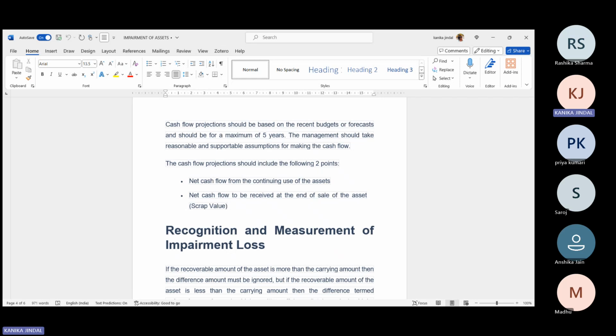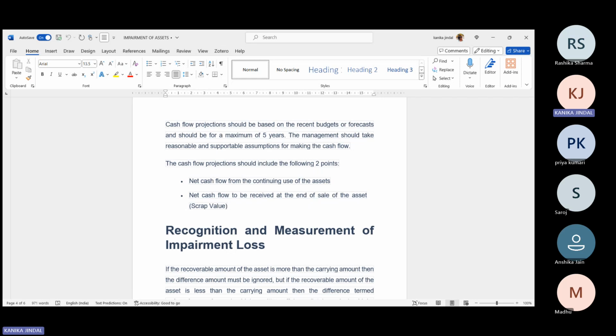The management should take reasonable and supportable assumptions for making the cash flows. So, when the cash flow projections are done, they include the two following points. First is the net cash flow from the continuing use of assets. Second is the net cash flow to be received at the end of the sale of an asset. That is the scrap value, which is received at the end of the sale of the asset.